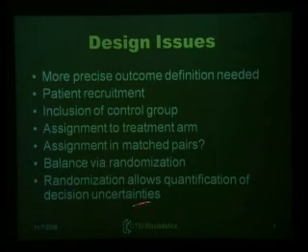What do I mean by that? Patients are variable, and therefore just taking 72 patients is not going to tell us everything about the entire target population. So how much is that variation? The decision you make is going to be subject to error after all, and that's what I mean by decision uncertainty.